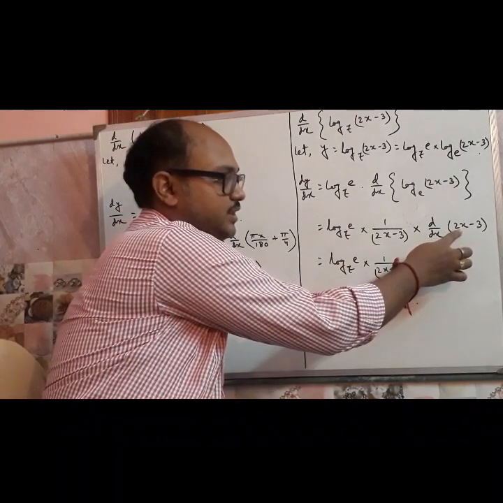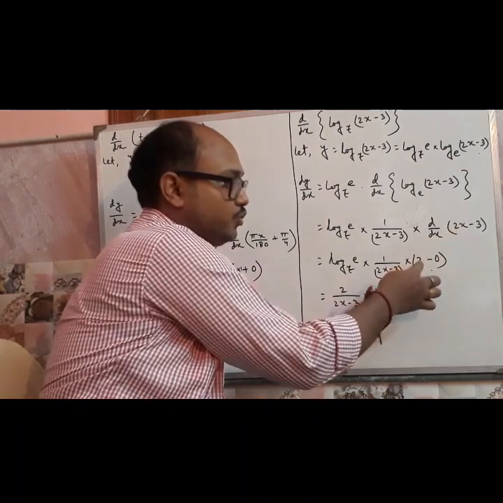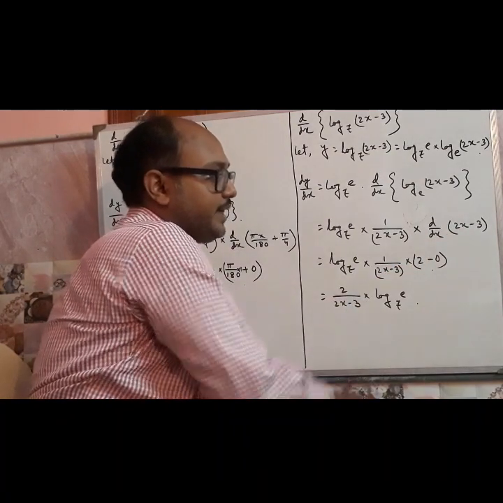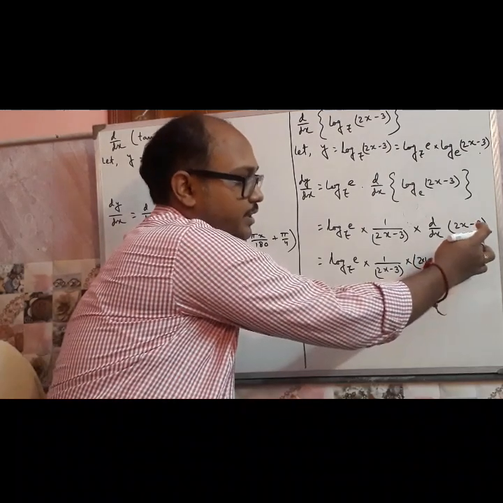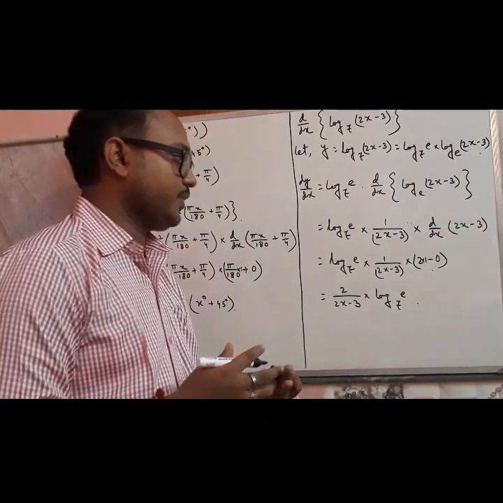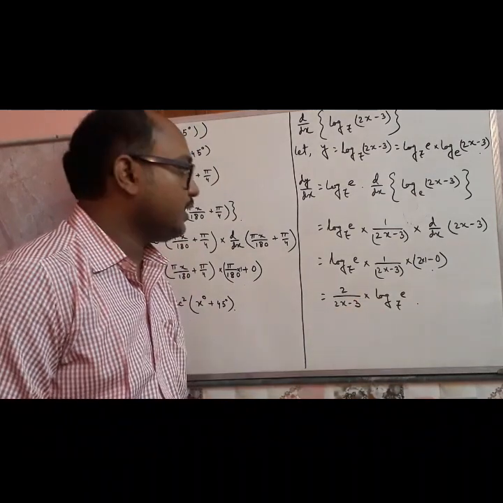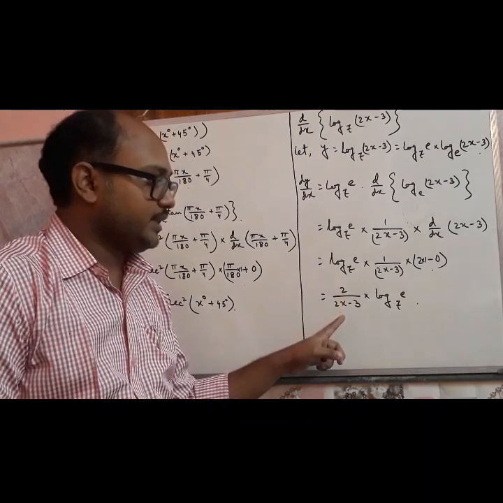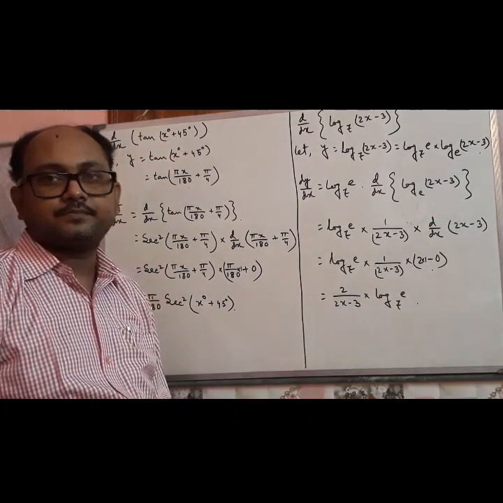Derivative of 2x minus 3: 2 is a constant term and remains fixed, the derivative of x is 1, and 3 is a constant term whose derivative is 0. Ultimately you will get the result 2 by (2x minus 3) into log e to the base 7.